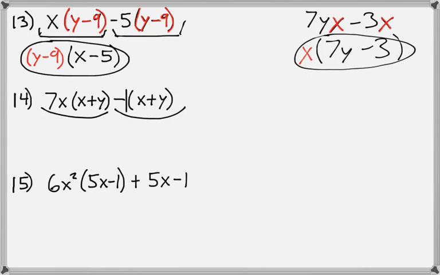They both have an x plus y. So then in parentheses, the first term, if you take out that x plus y, what do we have left over? We have the 7x left over. In the second term, if you take out x plus y, you have a minus 1 left over. And that would be your answer.